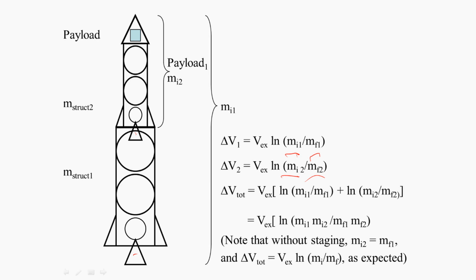And so we would get back to the total delta V in relation to the initial and final mass, just as we had for a single stage rocket, which is what we would expect, because if we don't drop the first stage, then essentially we have a single stage rocket and we're just burning it in two stages. That's assuming that we could burn the second stage engine without dropping the first stage. So we're on the right track.